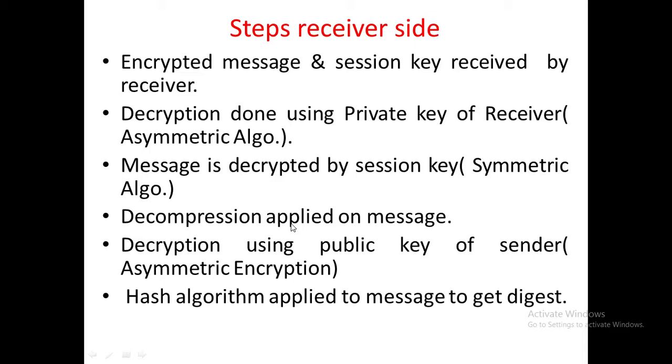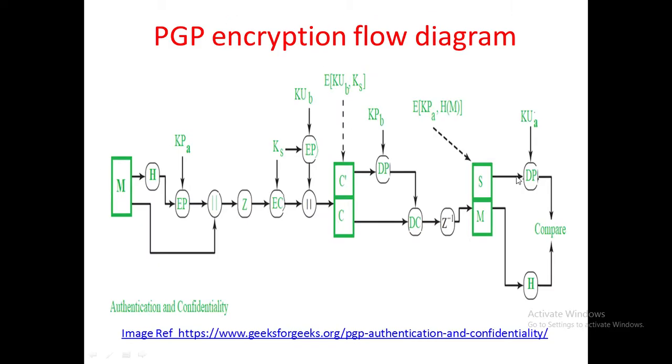Why do we decrypt that message? If you look at the diagram here, we will decrypt this and get the output. That output is the message digest, and again we apply the hash algorithm on this message and get a message digest.